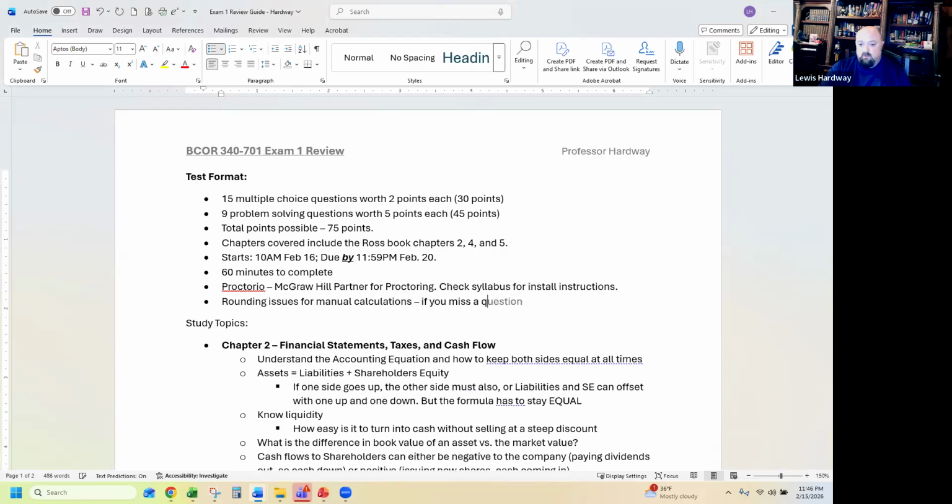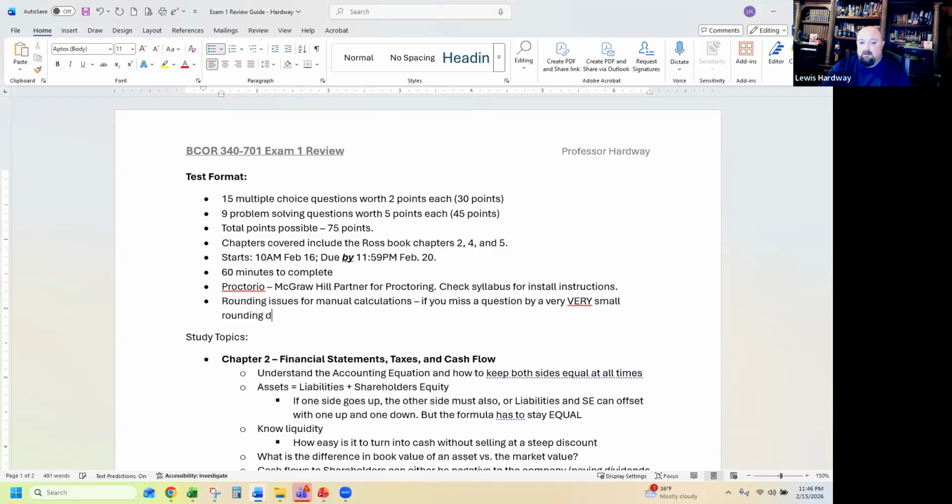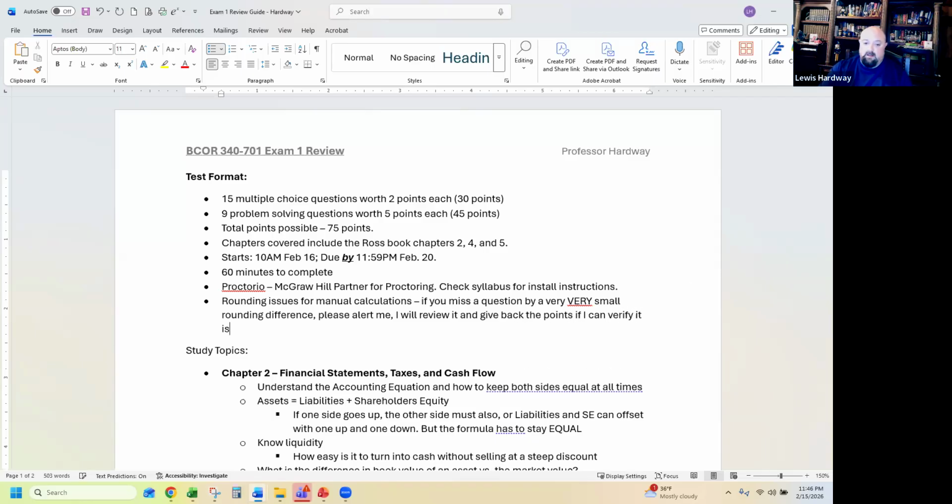If you missed a question by a very, very small rounding difference, please alert me. I will review it and give back the points if I can verify it is just rounding. McGraw gives you a little bit of leeway with the rounding, but it's not a whole lot.